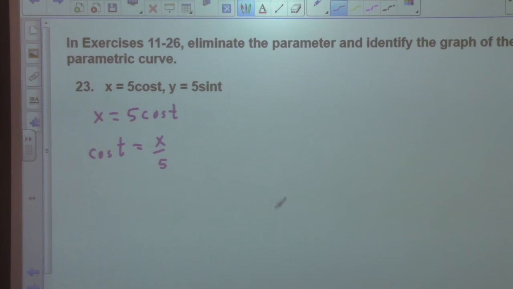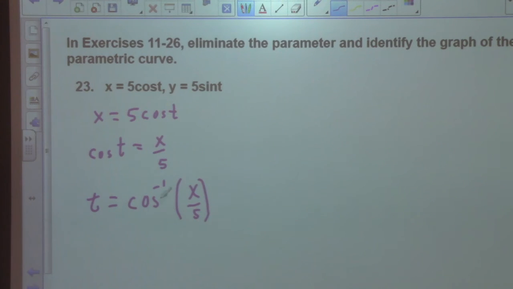Are we okay to there? Okay, and then solving for t, what are we going to get? Remember we can't just divide by cosine. t is going to be equal to what? Inverse cosine, right? So inverse cosine. Kaylee gave me that one. Thank you, Kaylee.